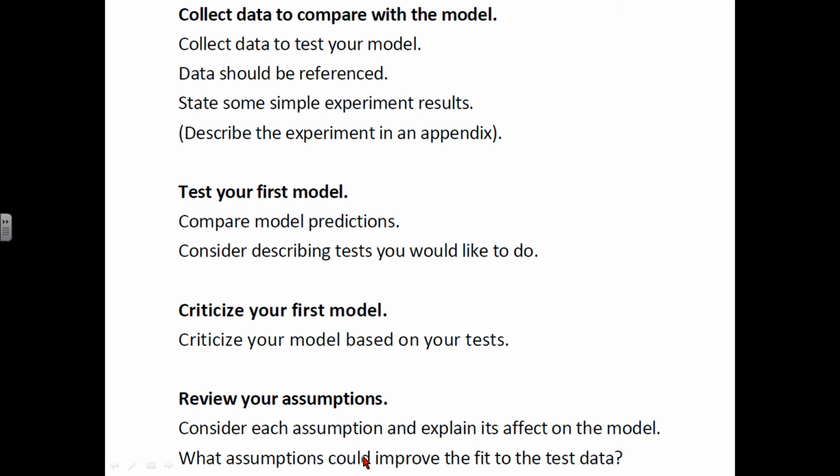What assumptions could improve the fit to the test data? So if we're predicting, for example, that the object has a range which is too long, then an assumption that we could be looking at is maybe introducing air resistance.